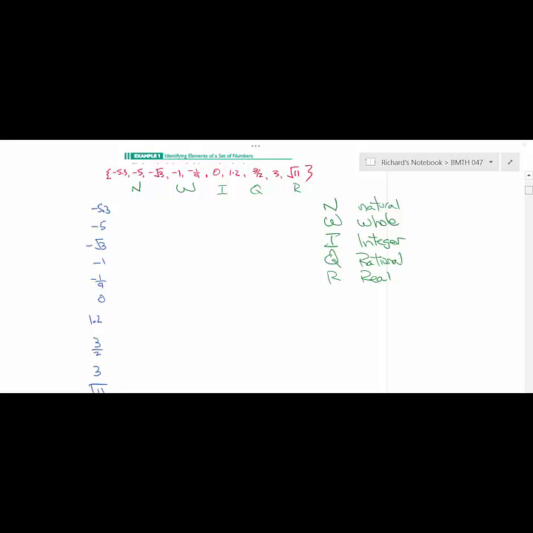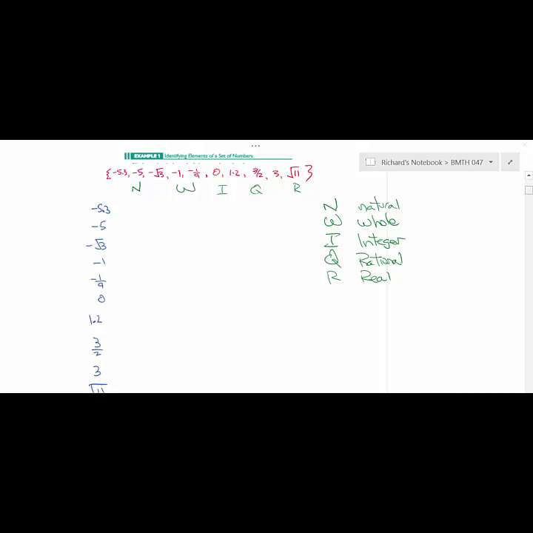I've indicated the natural numbers, the whole numbers, the integers, rational numbers, and real numbers. Here I've identified the different symbols. R is for real numbers, Q for rational, I for integers, W for whole, N for natural.